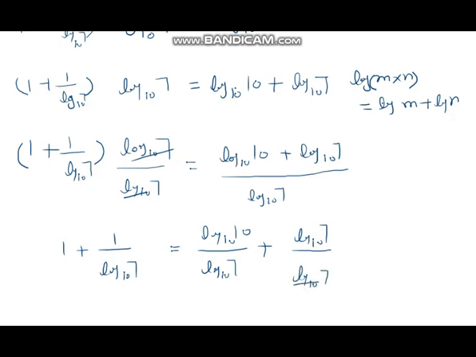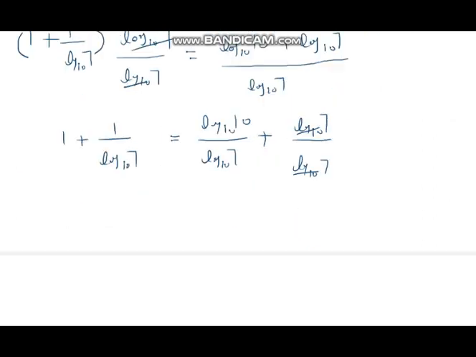Here these are cancelled. We know that log base 10 of 10 is equal to 1. So we have 1 plus 1 over log base 10 of 7 is equal to 1 over log base 10 of 7 plus 1.